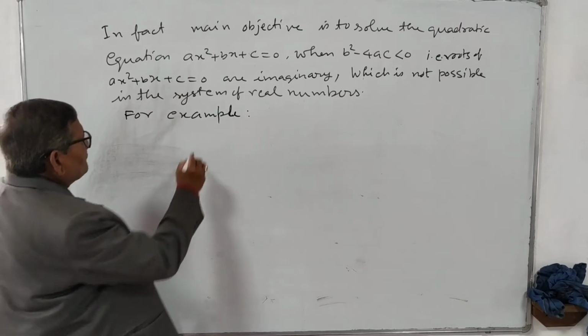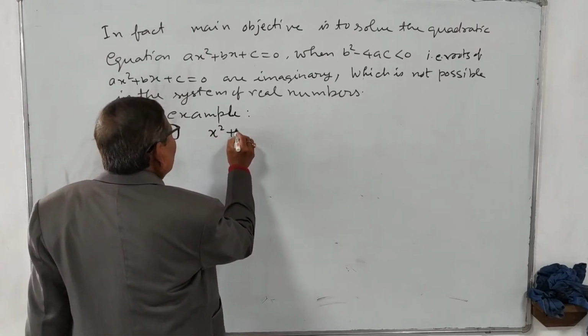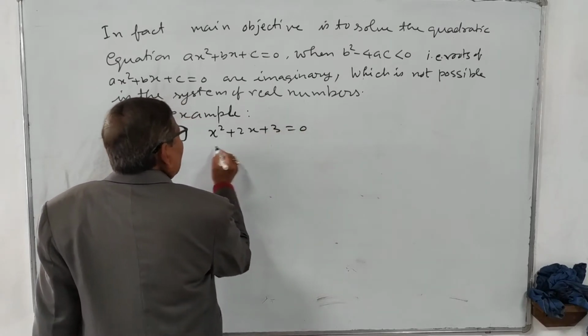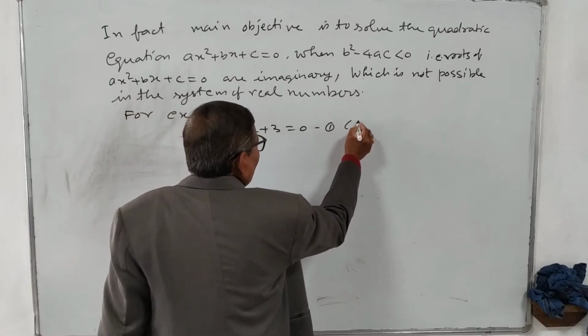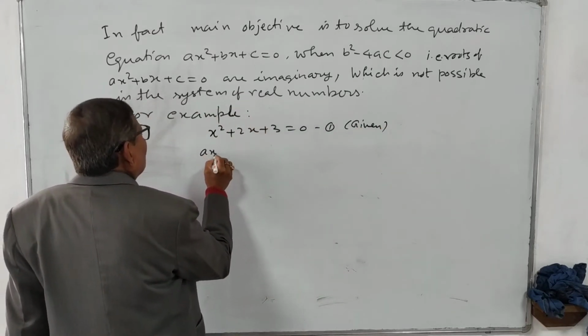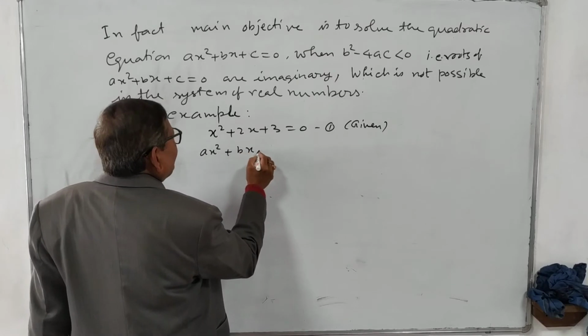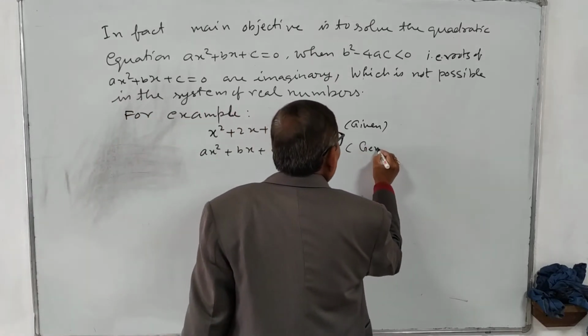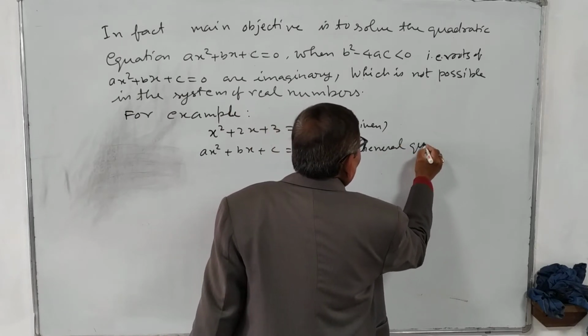x square plus 2x plus 3 equal to 0. This is the given quadratic equation, and ax square plus bx plus c equal to 0 is the general quadratic equation.